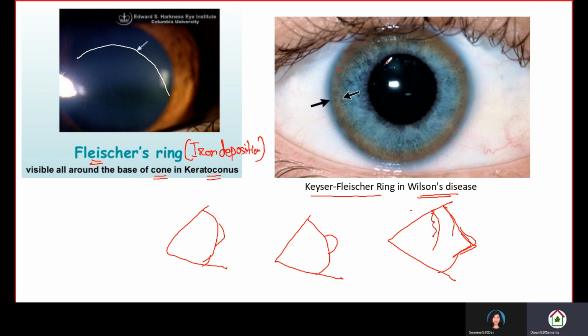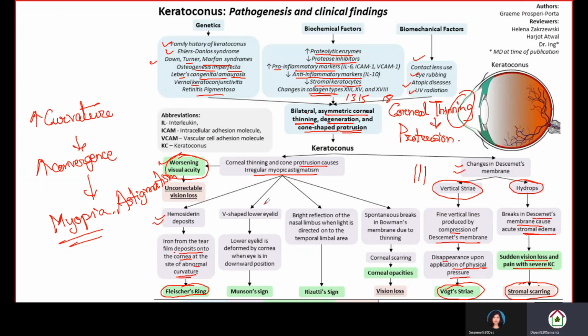And the Kayser-Fleischer ring is caused by actually copper deposition in Wilson's disease.